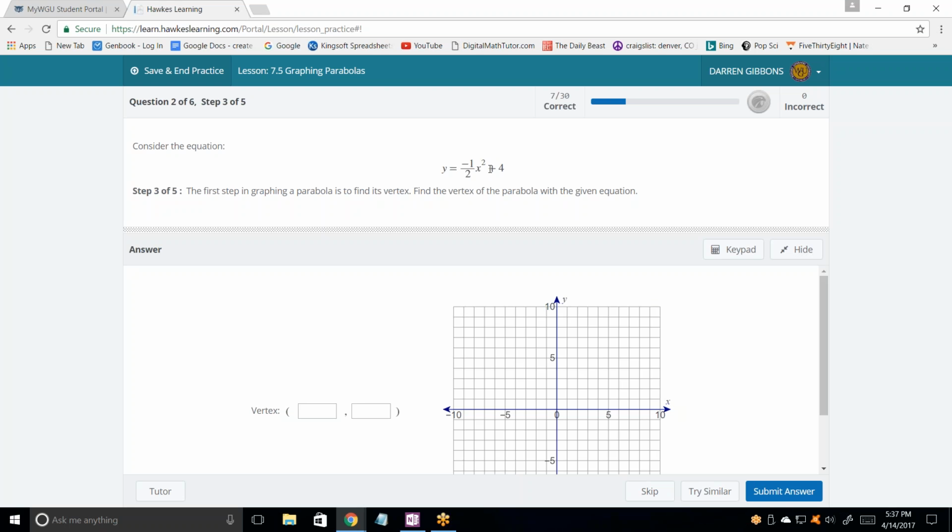But this +4 does change the vertex. So if the original vertex is at 0, 0, where's the new vertex? Is it 0 plus 4? Correct, 0, 4.